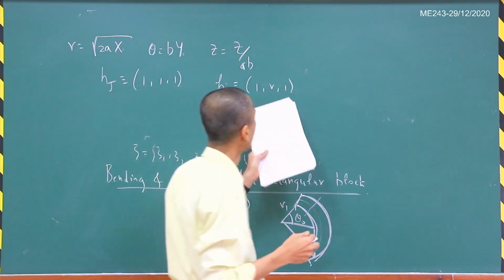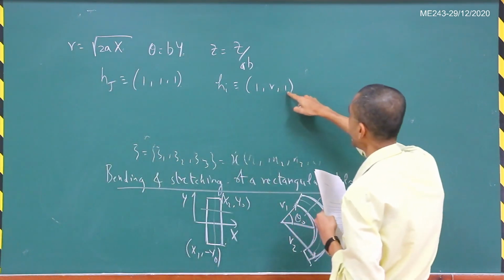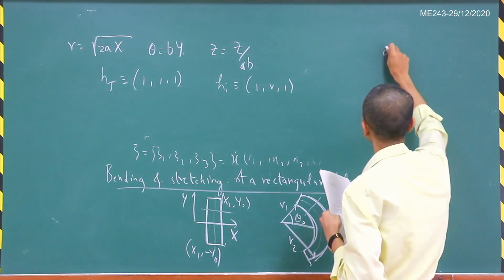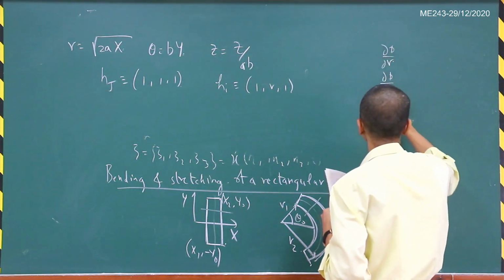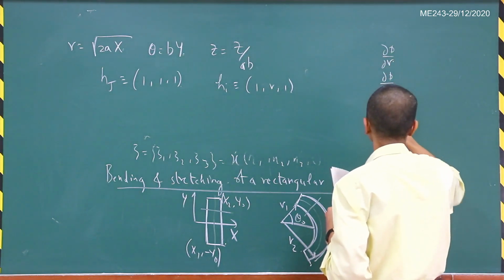If you see, when you write a gradient, suppose I want to write del phi by del r, then del phi by r del theta, and del phi by del z.